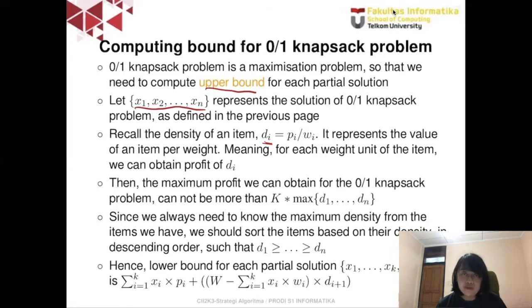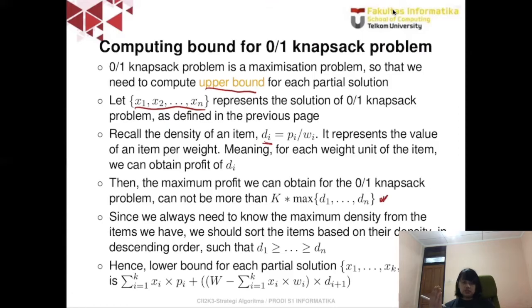Then the maximum profit we can obtain for the discrete knapsack problem cannot be more than K times the maximum of D1 until Dn, right? Because if the maximum density we have is D, then the maximum profit we can have is where we put the item with maximum density into the knapsack and make the knapsack full of it. So the maximum profit we can obtain cannot be more than this.